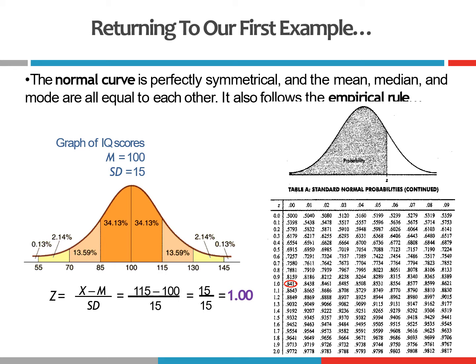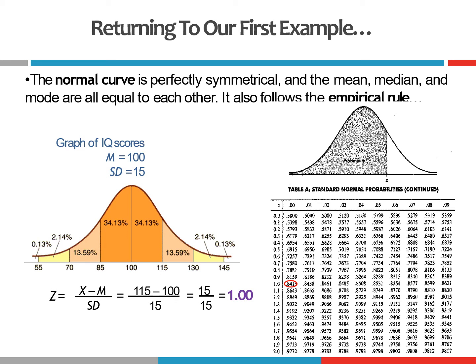Just like when we looked at the graph, right? And I told you that given that the mean is 100 and the standard deviation is 15, a score of 115 was one standard deviation above the mean, right? That's exactly what our z-score is telling us, right?